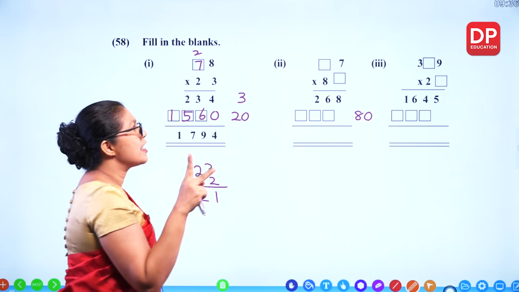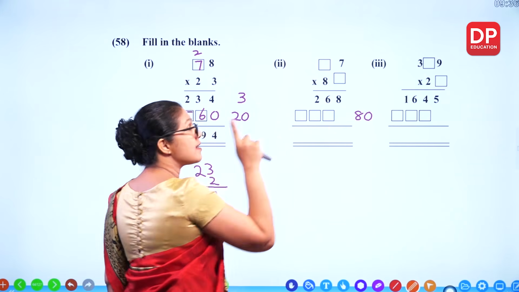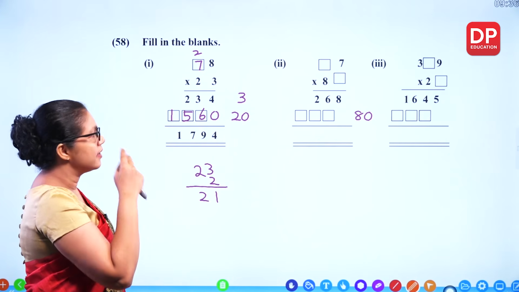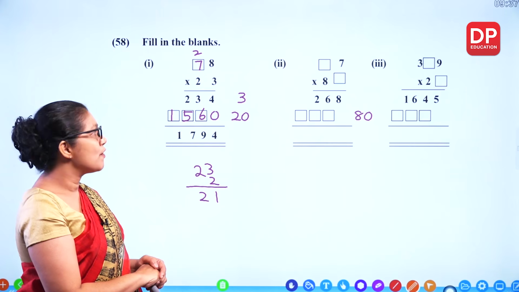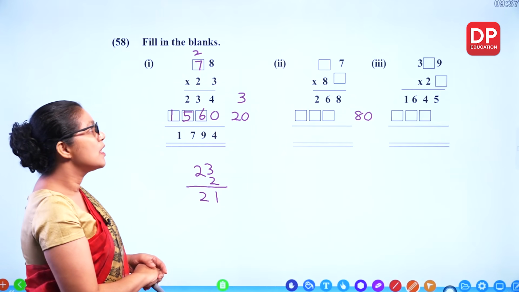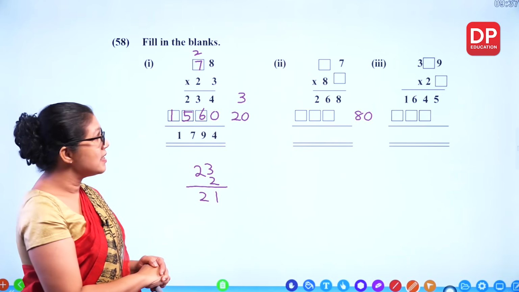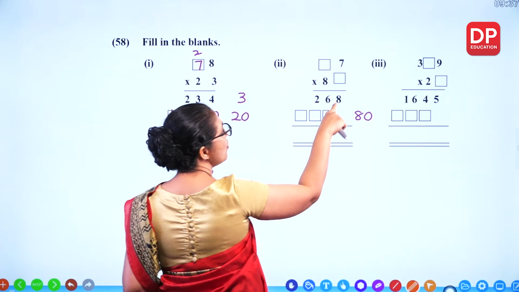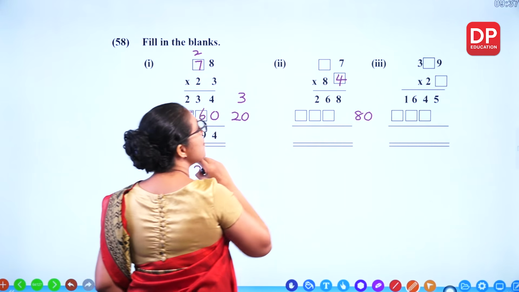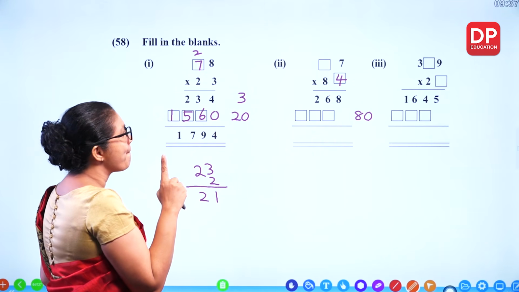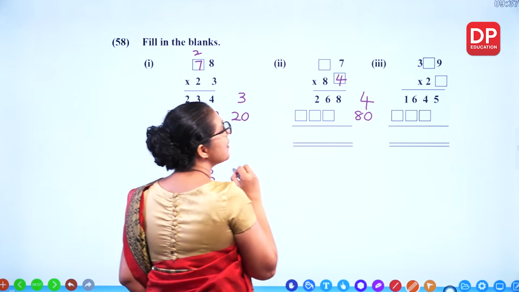What's the multiplication? 7 times what gives you the last digit 8? Check it. 7 times 7, 49. 7 times 4, you get 28. So that's what you have to do here. 7 times 4. So this can be 4. So if this is 4, this becomes 4 here.